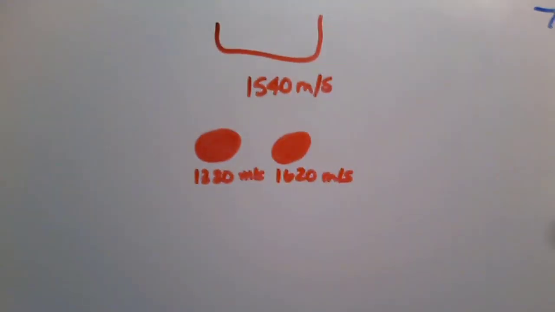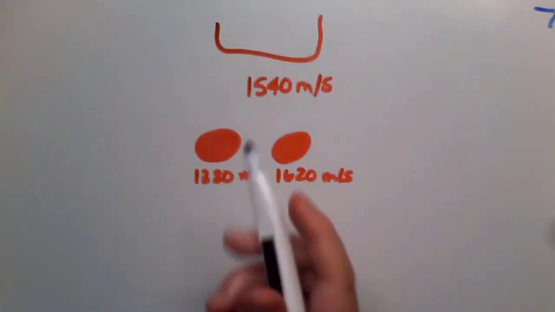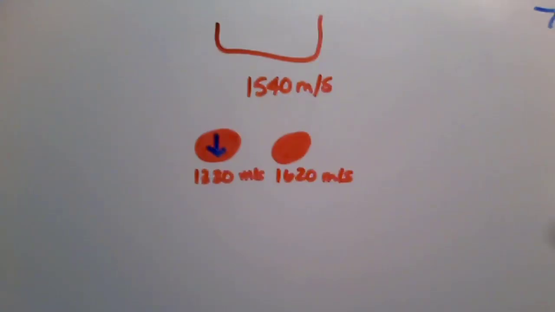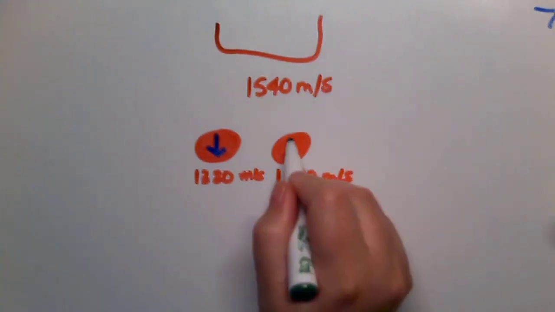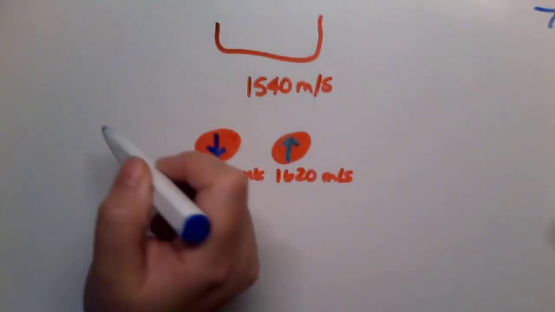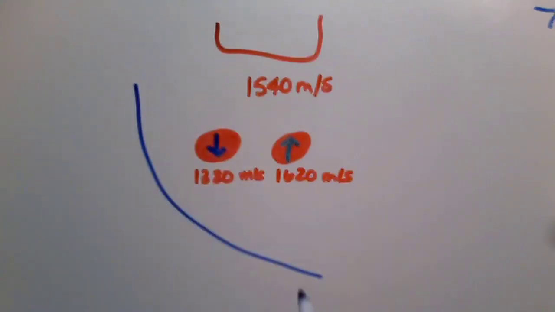So this first structure has a propagation speed that is slower than what the machine is assuming, and our second structure has a propagation speed that is faster than what the machine is expecting. And then let's say this is all in the liver and we have some diaphragm behind it. Okay, so this is the real anatomy. This is what is actually happening in the body.